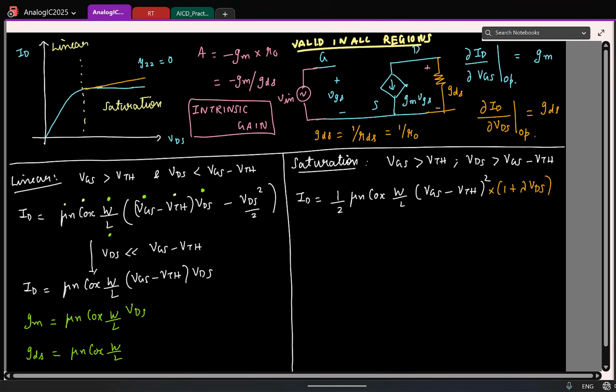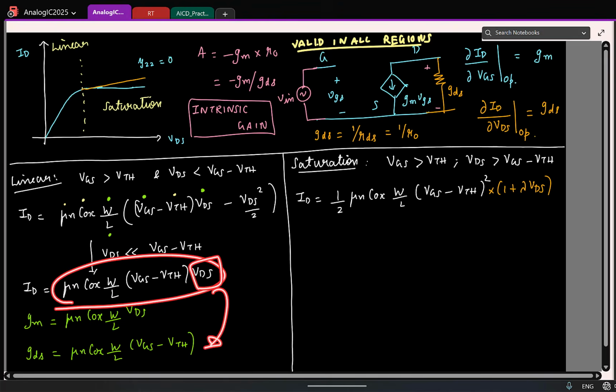UNCOX W by L times... Is that okay? I'm just differentiating this equation with respect to VGS minus VTH to get this. The same equation I am taking the derivative with respect to VDS to get this.